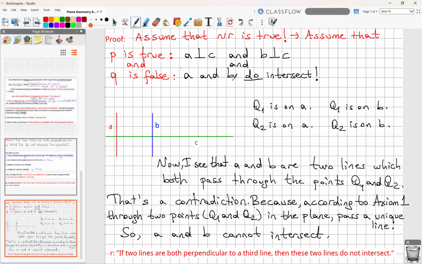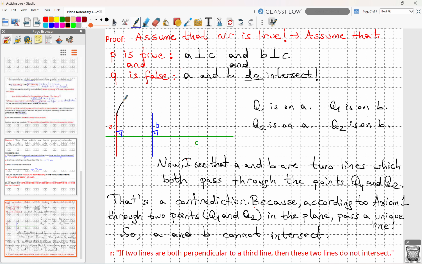Now we start to work under this assumption. Now we have line A, line B that are both perpendicular to the line C here. And we assume that these two lines intersect. Now, how do they intersect? Of course, on this figure, it's a little weird to show that these two lines are intersecting. They are actually not intersecting, but under our assumption, I must assume that they are intersecting.